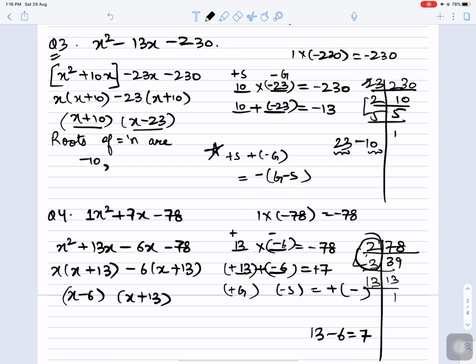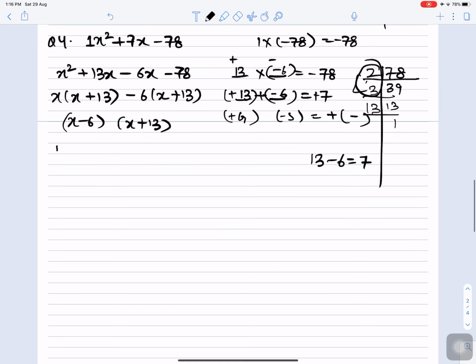And if I equate this equal to 0, x is equal to 23. In this case, roots of the equation are, if I equate this equal to 0, x is equal to 6. And if I equate this equal to 0, my answer comes out to be minus 13. So in roots, we basically find the value of the variable that appears in the question. Correct? So these are the values. That's how you will find the roots of the quadratic equation.